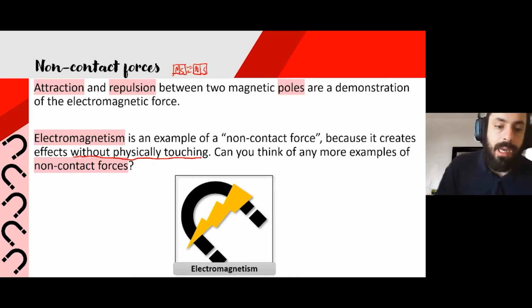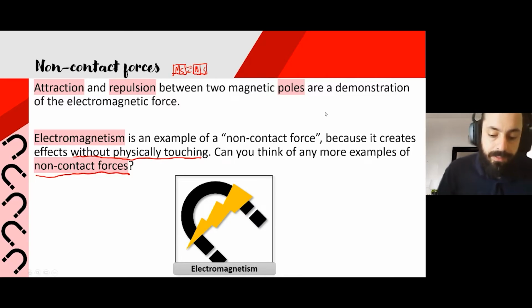So, can you think of at least one more example of a non-contact force? Think about it, guys. Let's see if you can give me some answers in Microsoft Teams chat. Well, guys, I want you to participate.